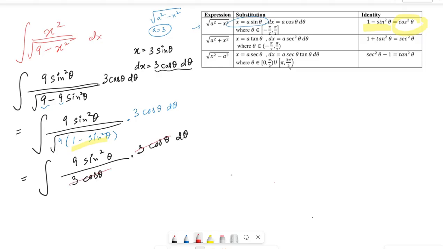We can cancel 3 cosine theta. What do we have? Integral of 9 can come out, sine square theta.